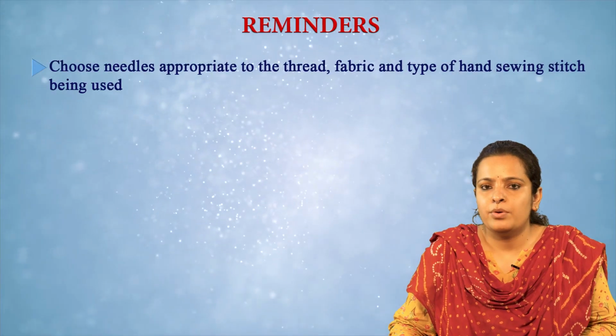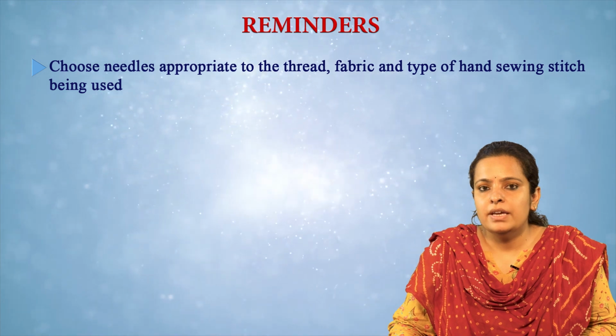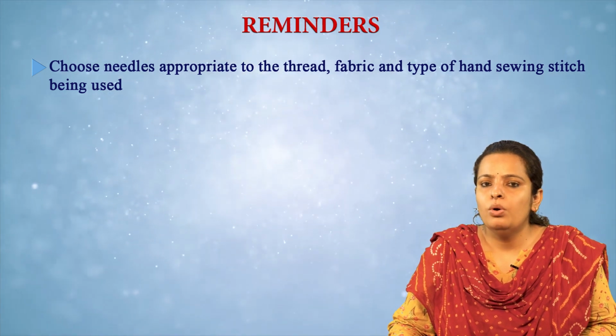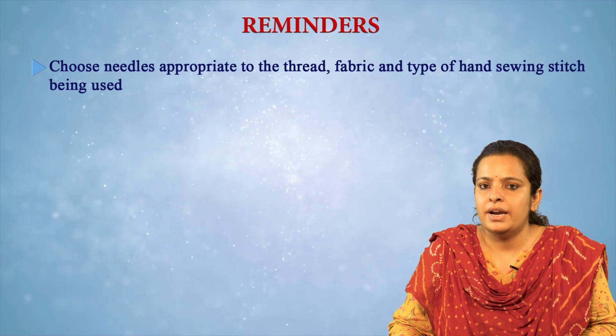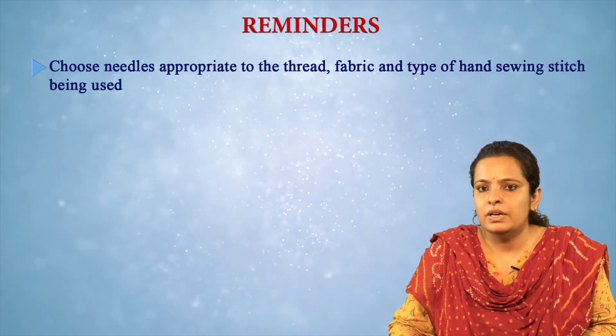Then there are some points which you should remember when you go for the basic hand stitches. First, choose the needle appropriate to the thread. It is very important to know that for different types of thread we need different types of needles.